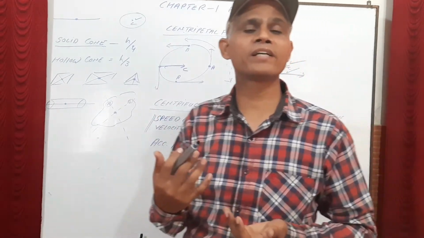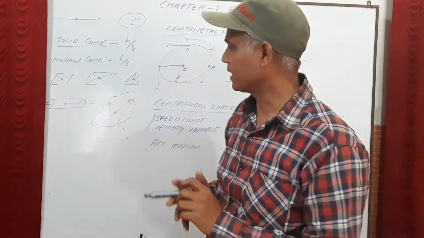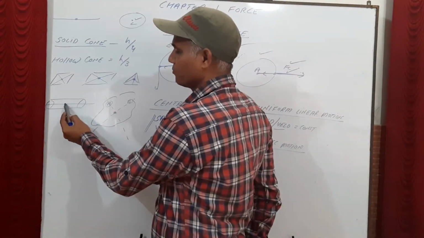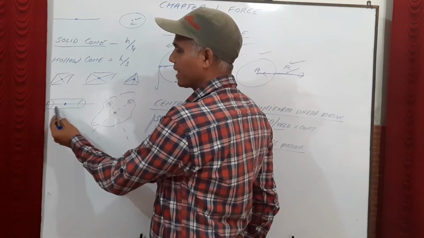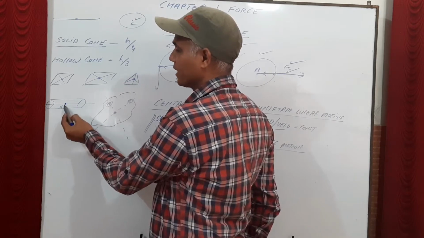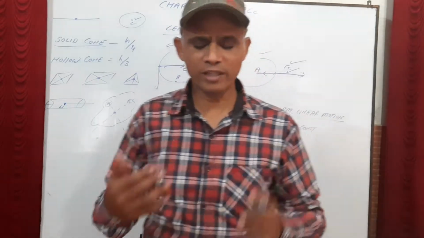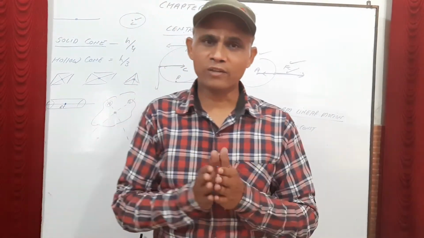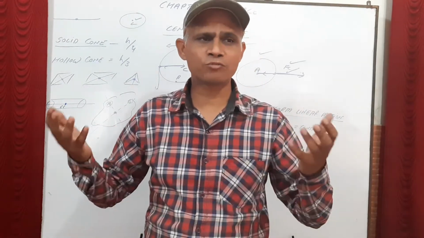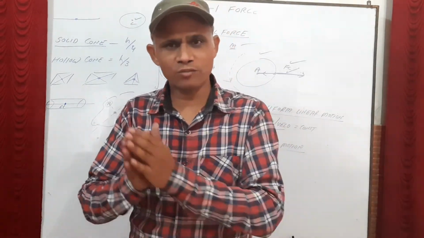Suppose you have a solid cylinder, in that case the midpoint of the axis of the cylinder is the center of gravity. So if you have a regular body, you have various formulas for the center of gravity.